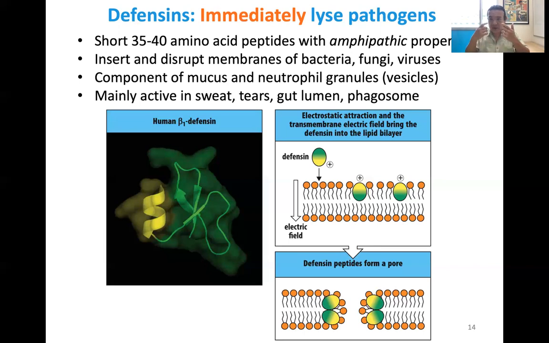So that's why, like in sweat on the outer surface of your skin, it's a great natural antibacterial. So defensins in your sweat keep the bacteria population on the surface of your skin under control, because your skin itself is just all dead keratinized layers of dead skin cells, right?